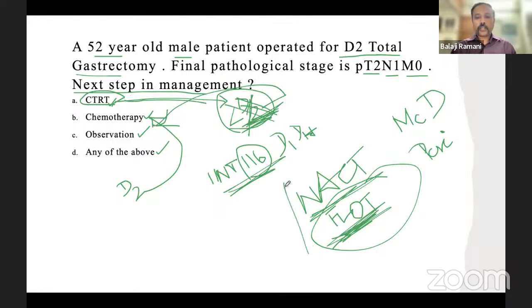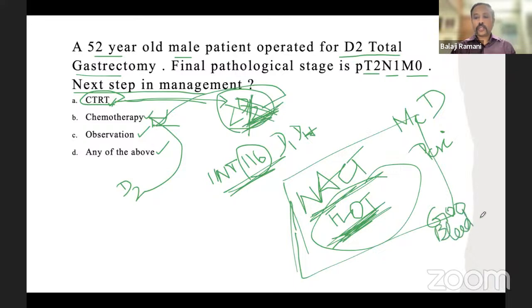And in today's world, the most common option that we have to deal with is patients diagnosed with a resectable gastric cancer, provided there is no GOO, no gastric outlet obstruction, and there is no bleeding. If there is no bleeding and no gastric outlet obstruction, then the patient goes in for neoadjuvant chemotherapy.